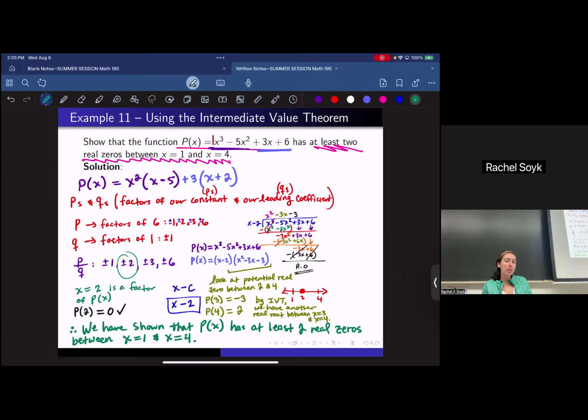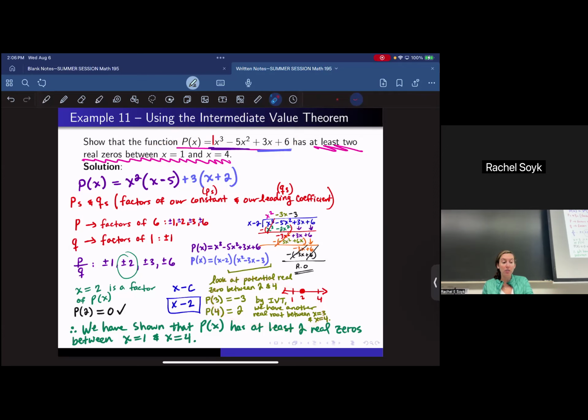Another way I would say you can go about it, I mean, it really does help knowing that 2 is a factor of this polynomial function, but you can also take a guess, right? Let's say you evaluated between x equals 1 and x is equal to 2.5, and then you used intermediate value theorem.